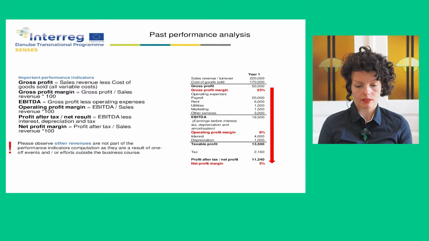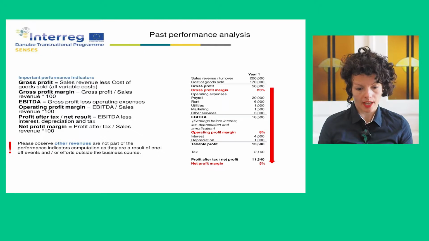Gross profit, computed as sales revenue less cost of goods sold, including all variable costs. Gross profit margin, obtained by dividing gross profit by sales revenue and multiplying by 100. EBITDA, gross profit less operating expenses, and operating profit margin is EBITDA divided by sales revenue multiplied by 100.